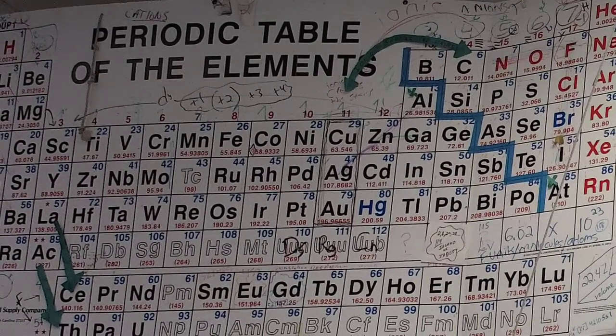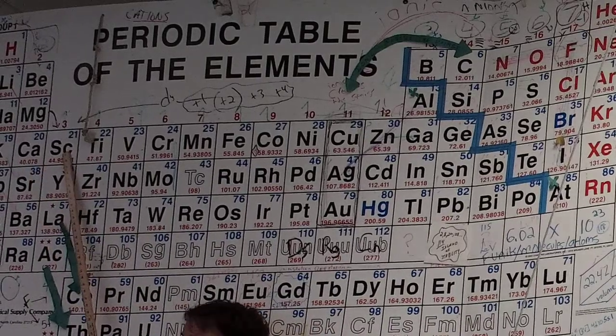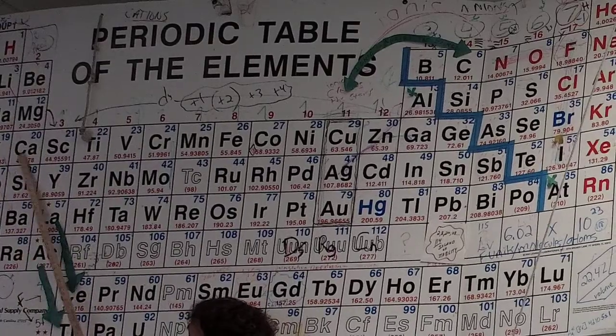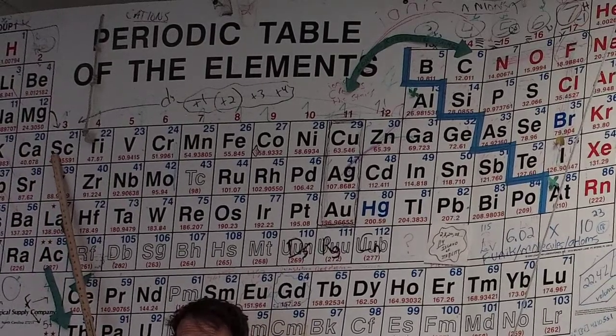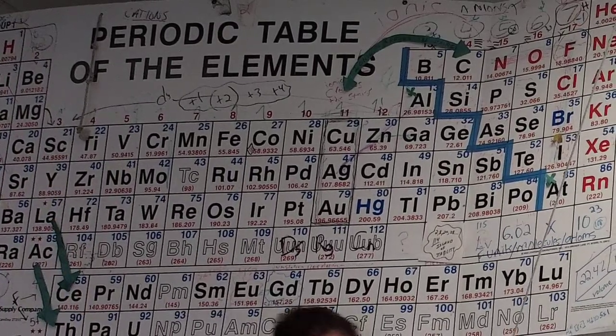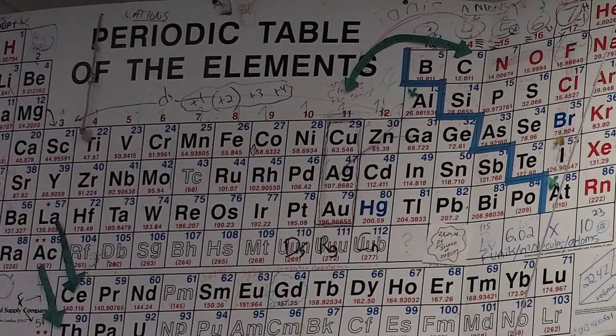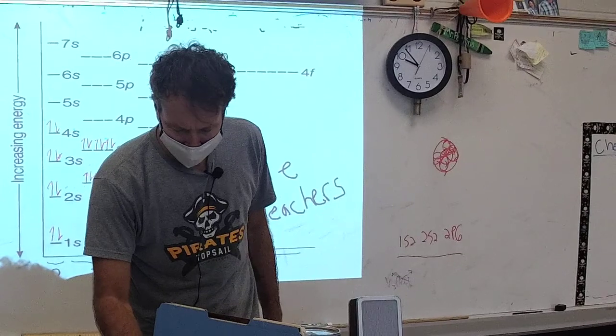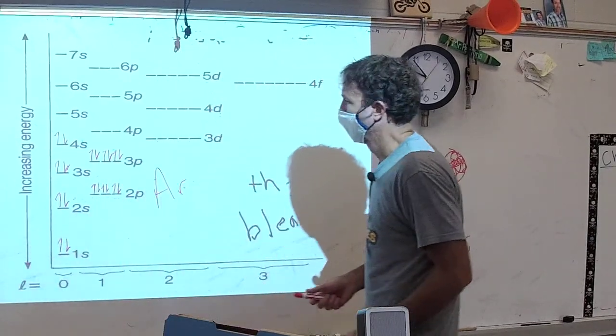Now we've gone past calcium. Now we're in the d's. Scandium is not 4d1, right? It's 3d1. So let's go back and look at the board that we have here.